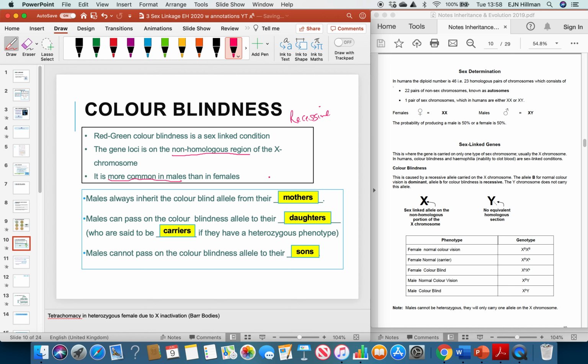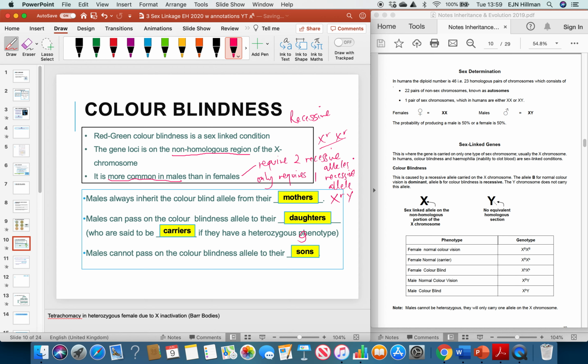Males can pass on the colourblindness allele to their daughters, who would be carriers if they are heterozygous. Sorry, that should be a heterozygous genotype rather than phenotype.